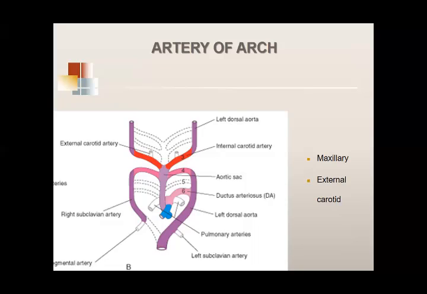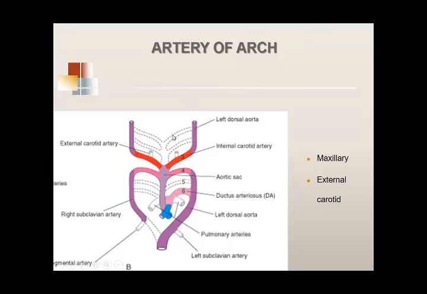आर्टरी का हमने डिस्कस किया था ना बेटा कि आर्टरी जो है आर्च की that is joins the arterial pharyngeal arteries जो हैं they join the aortic sac to the dorsal aorta. This is first arch, second arch, third arch, fourth, fifth and sixth.